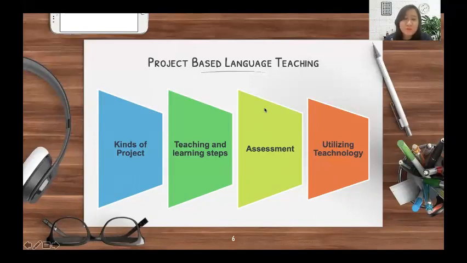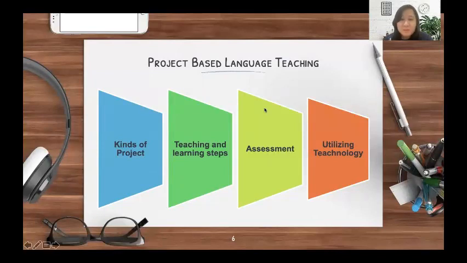In improving student writing skills, students can be assigned to do projects such as creating a simple storybook, holiday scrapbooks, and also a wall magazine. Well, in short, the project must promote students to actively use their target language.